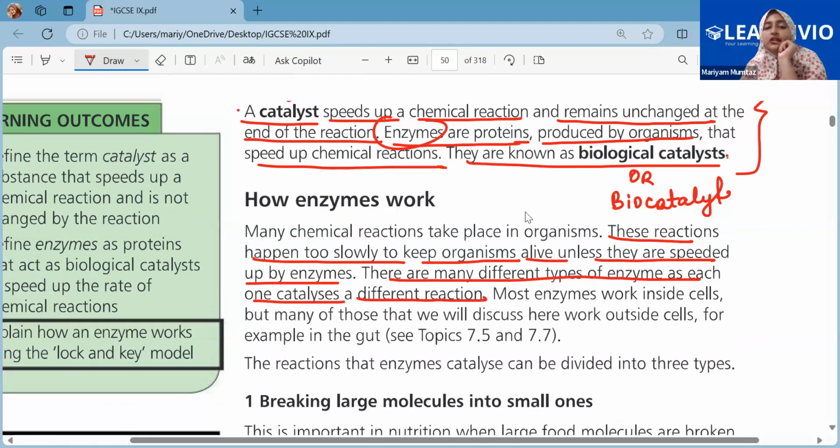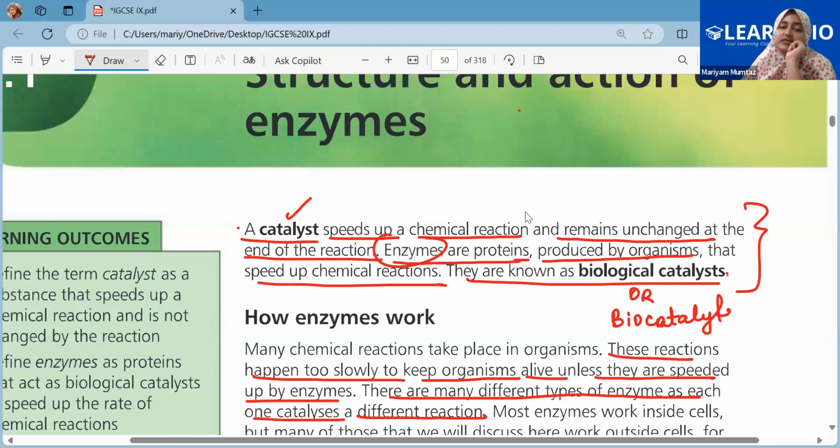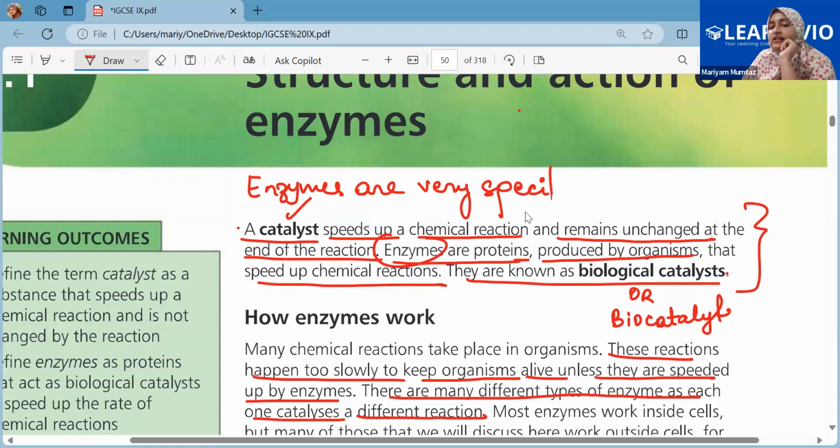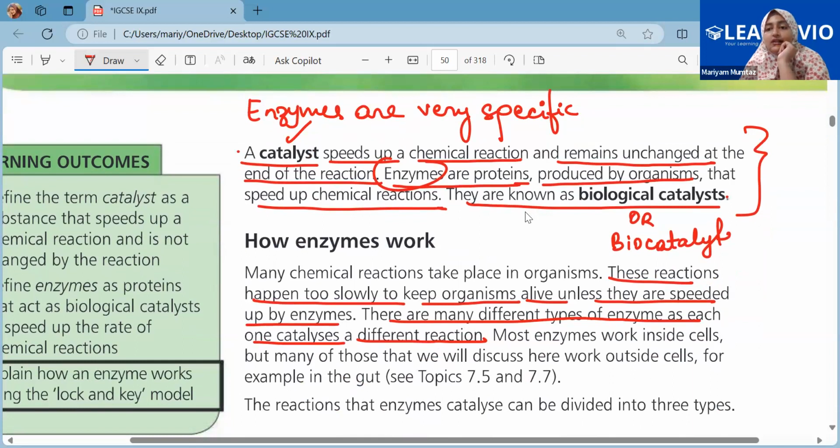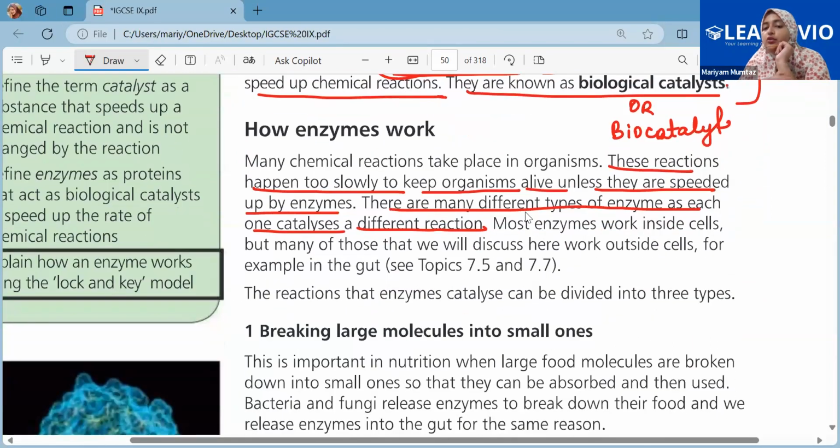Another very important thing to remember about enzymes is that enzymes are very specific. Enzymes are extremely specific, meaning they will only react to the kind of reaction that they are supposed to and not to any other. So for every reaction, there is a different enzyme.